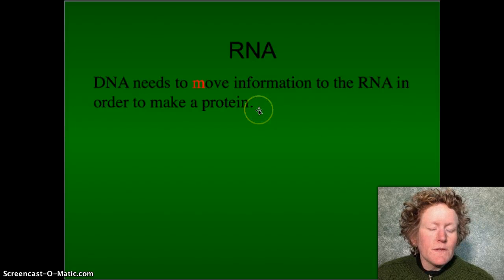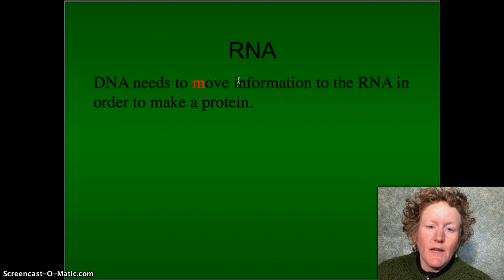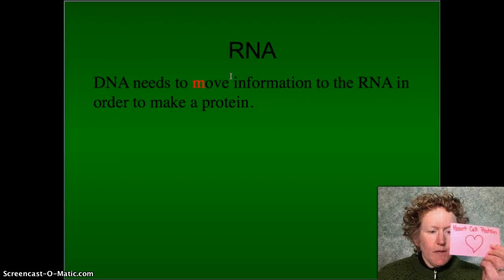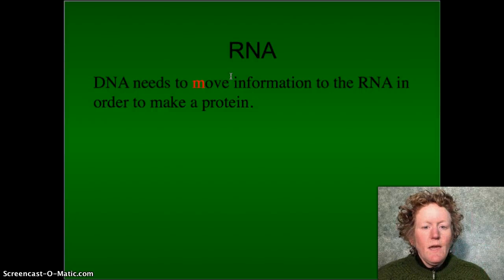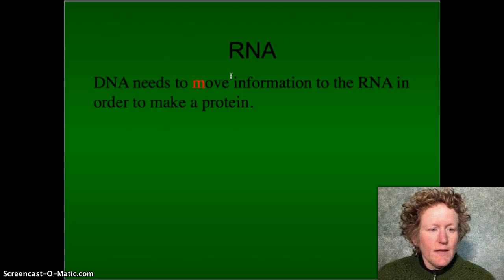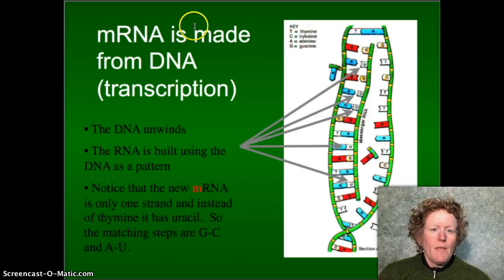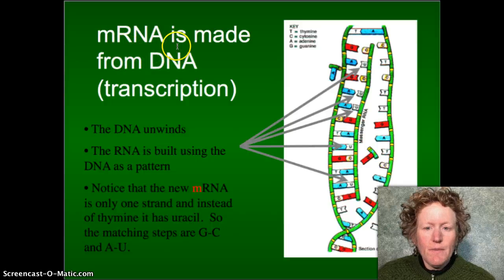DNA needs to move information in the genetic code to the RNA in order to make a protein. You need to make a copy of your recipe of a single gene and move it outside the nucleus so it can be used. This messenger RNA is made from DNA.